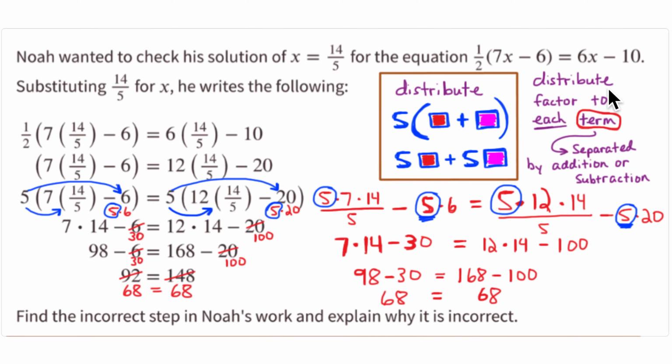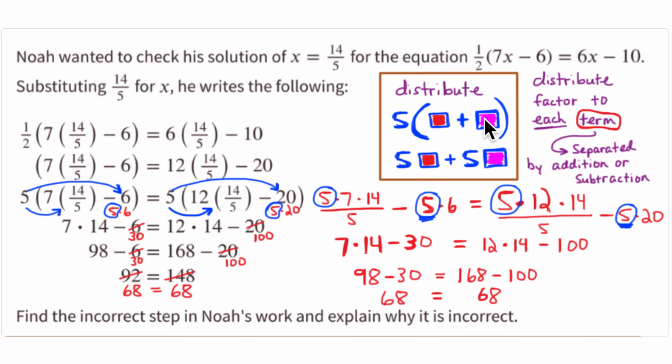So when you use the distributive property, you have to distribute the factor, distribute this 5 to each term separated by addition or subtraction. So you have to remember, once we start using these words over here, we lose sight that this is 5 groups, because oftentimes we just say you have to distribute that 5 to both.